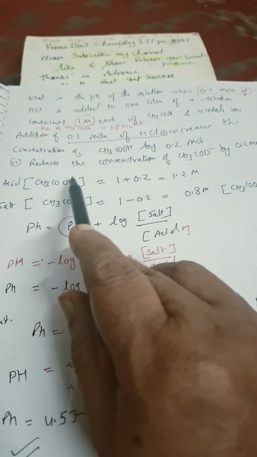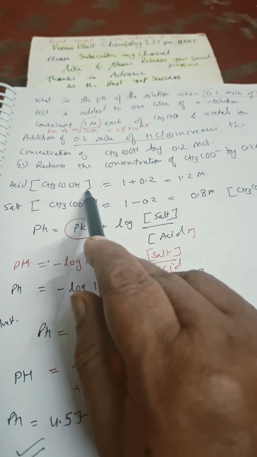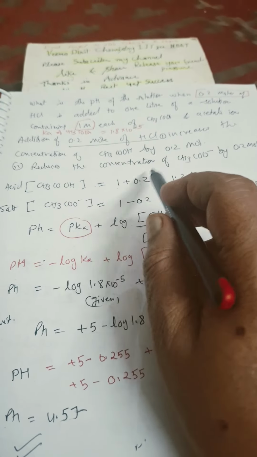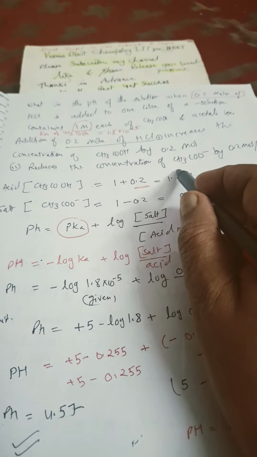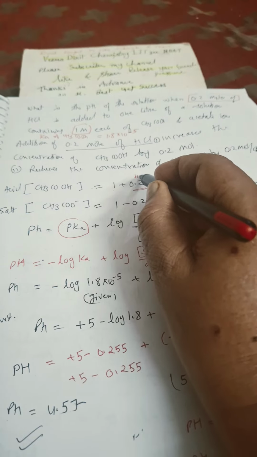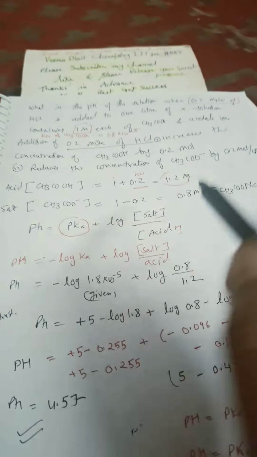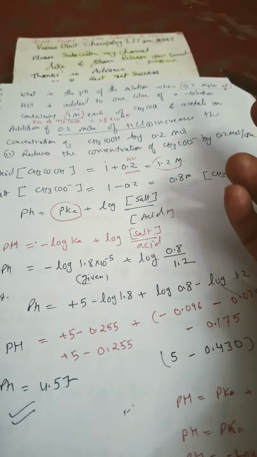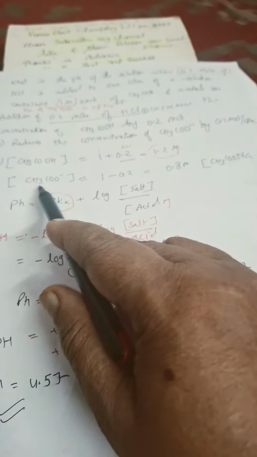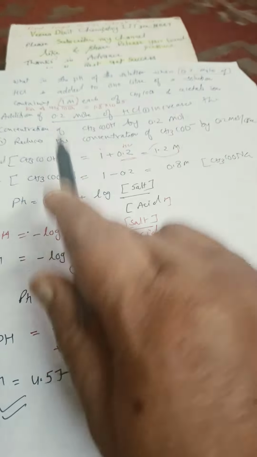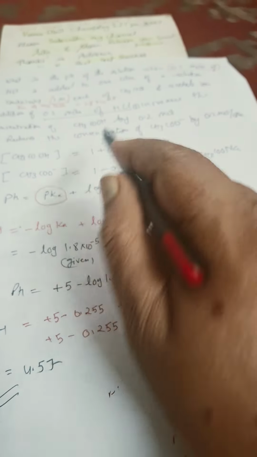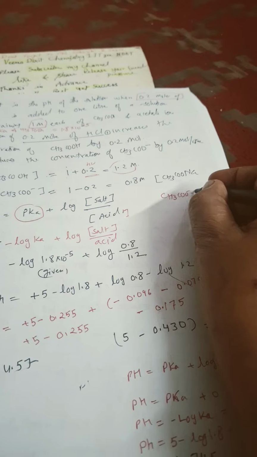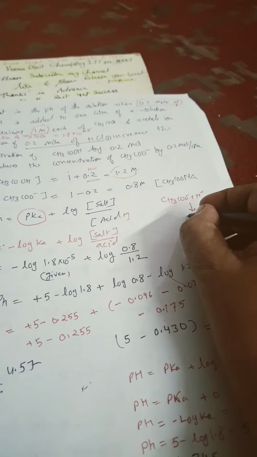At that moment, what will happen? The acetic acid is already present as 1 M, and 0.2 mole of H+ ion concentration is coming from HCl. So this is from HCl and this is from acetic acid. Now the acetate ion is a 1 M solution, and when we add 0.2 mole of HCl, the H+ will add to CH3COO- and form acetic acid.